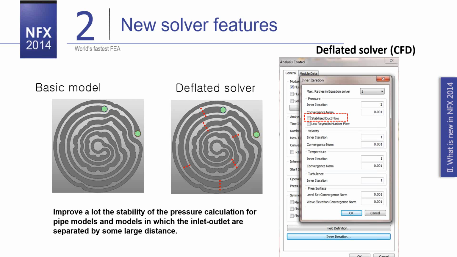So this deflated solver is cutting the pipe into several small sections, and the solver makes the calculation of each of these sections separately and then puts everything together. So this is called the deflated solver. You can find this option under the inner iteration stabilized duct flow.